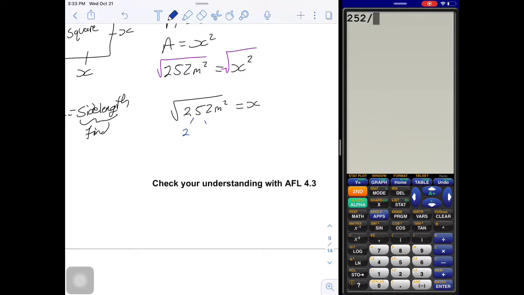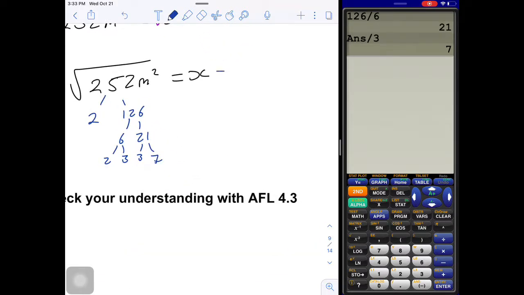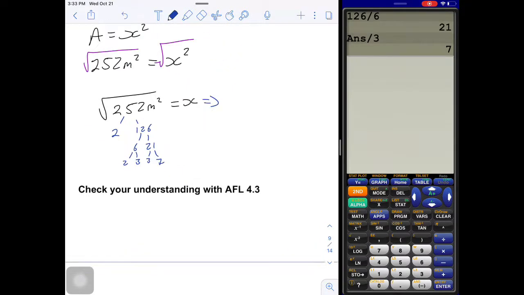So 252 divided by 2 gives me 126. Let's divide 126 by 6. So 6, and that gives me 21. 6 divided by 2 gives me 3. 21 divided by 3 gives me 7. Okay, so I've prime factorized. So let's bring this over here.